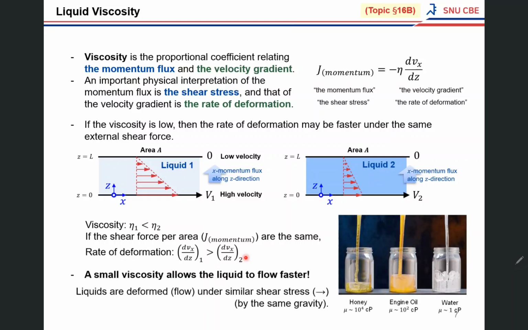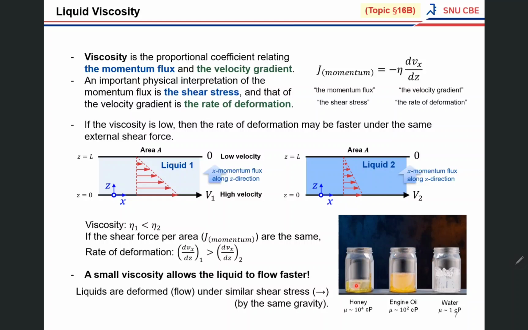So basically, you can think that a small viscosity allows the liquid to flow faster, which means a greater rate of deformation or velocity gradient. I think we have seen these moving pictures comparing water, engine oil and honey.